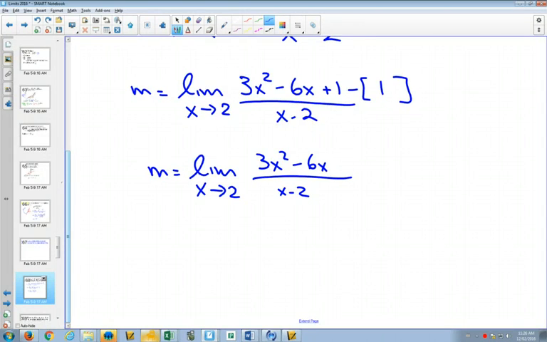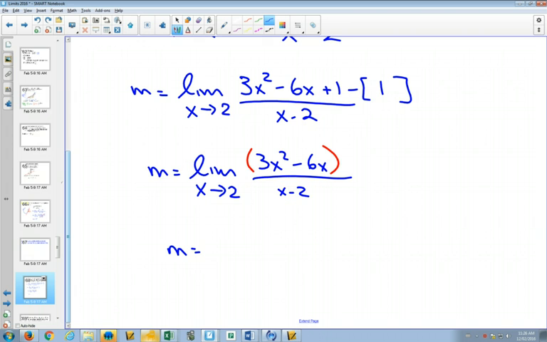Any ideas? We have to factor first before we cancel, because right now this minus sign means all of this is grouped together. And the only way you can simplify a fraction is if a factor is identical in the numerator and the denominator. And right now the 3x squared minus 6x isn't identical with the x minus 2 on the bottom.